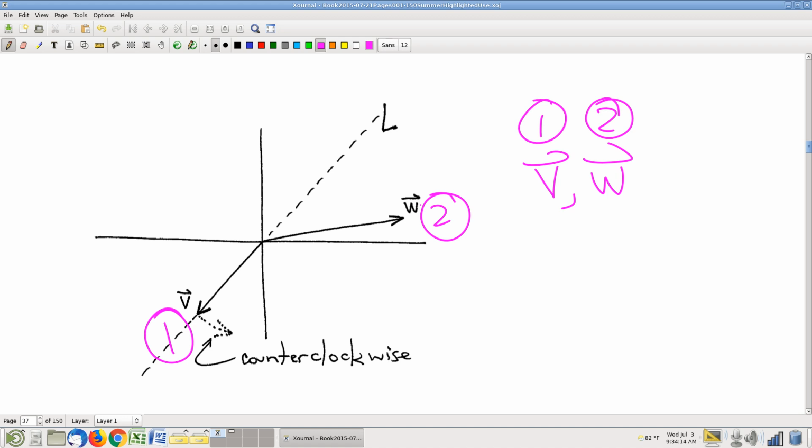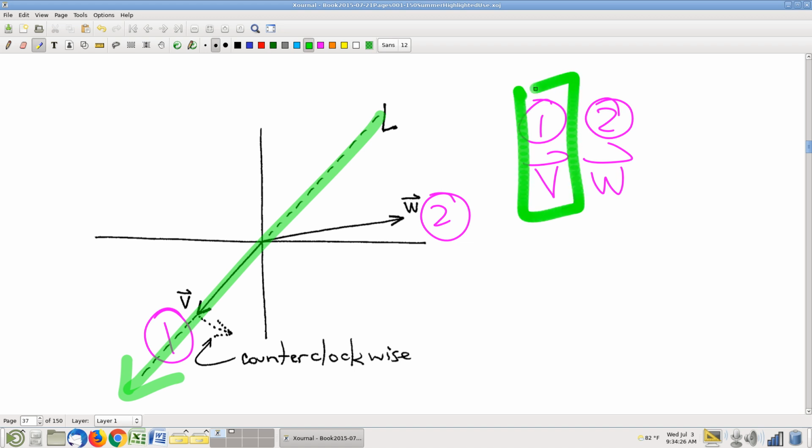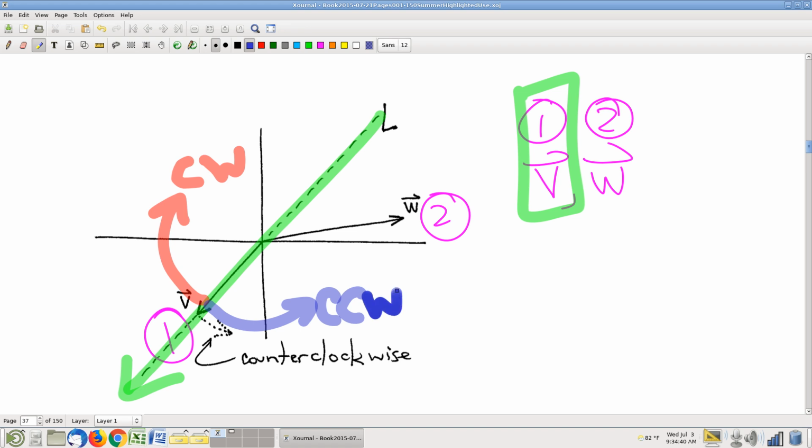And the rule for deciding if this ordering is clockwise or counterclockwise is to look at the direction defined by the first vector. Start with that direction. And then ask yourself, from that direction, there's the clockwise order. Here's the counterclockwise. I mean, y'all know clockwise and counterclockwise, right?